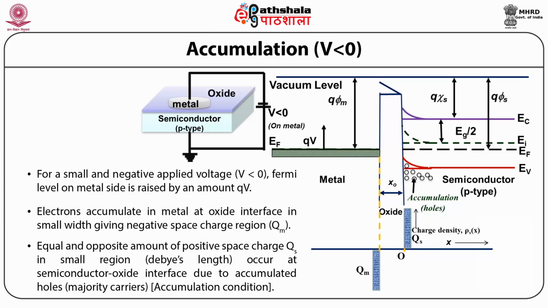The negative applied bias voltage on the gate implies that the negative charge on the gate produces equal and opposite charges in the semiconductor by attracting holes near the oxide-semiconductor interface.